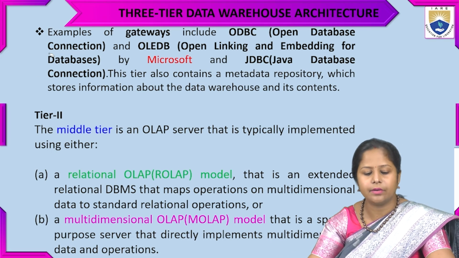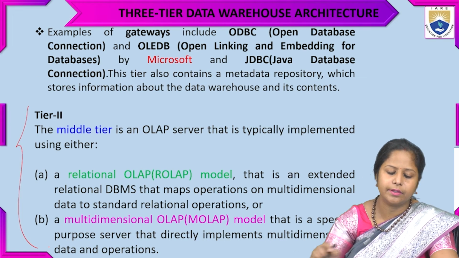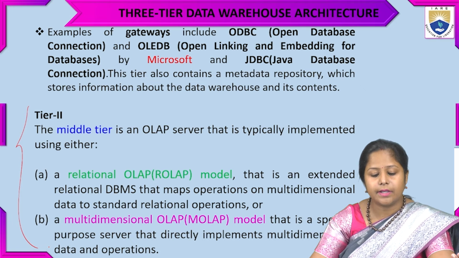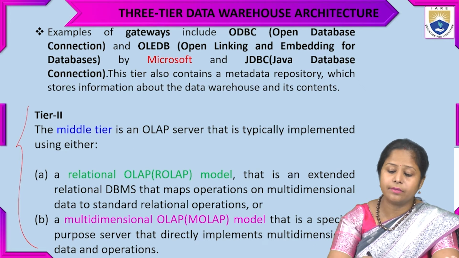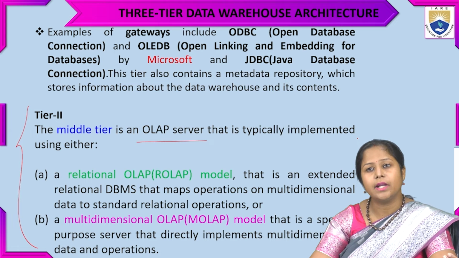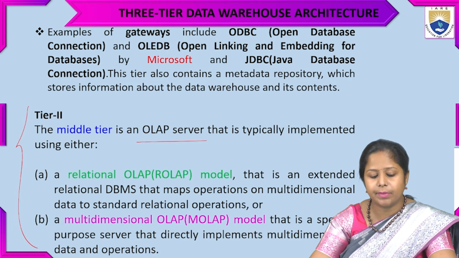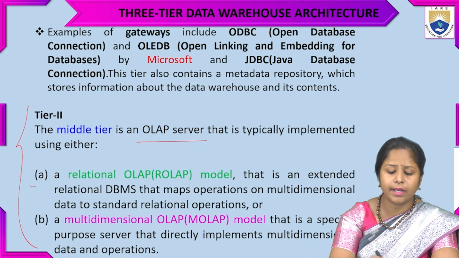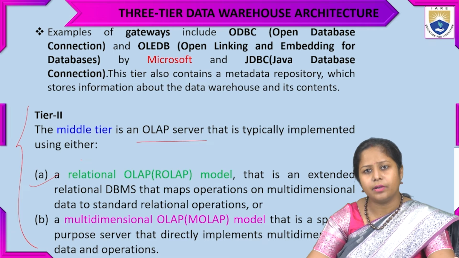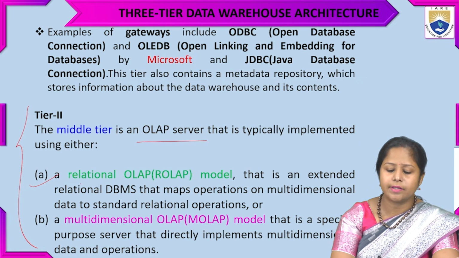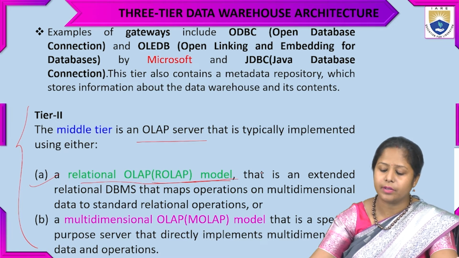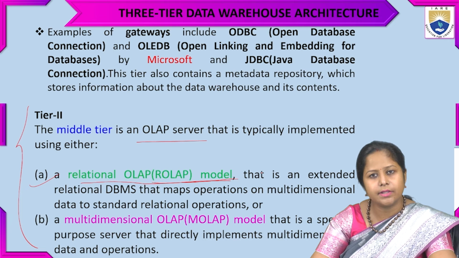The second tier of the data warehouse architecture is the middle tier. In that, the OLAP server will be there. It is typically implemented as a relational OLAP model, or ROLAP. So what is this?